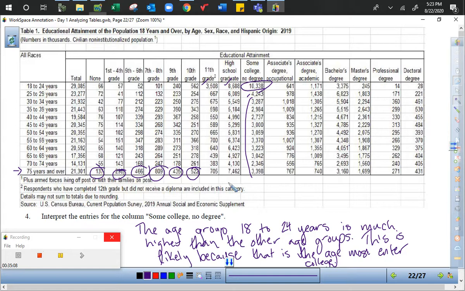Or if there were, or even before that, a lot of times kids would have to, especially in rural areas, quit school and help out with the family. So kind of different pieces of data we can gather just from looking at trends, multiple pieces of information in rows or columns.